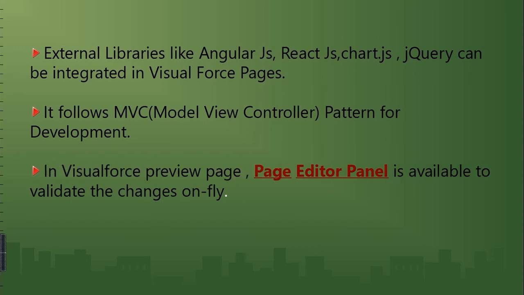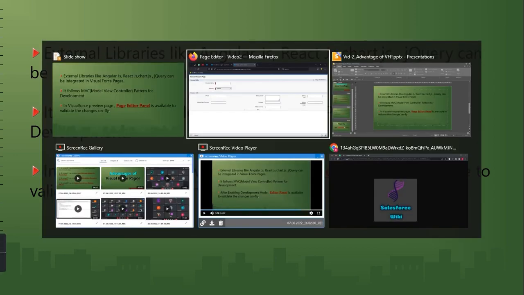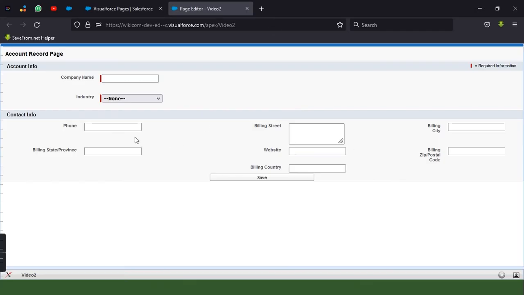Okay, and guys, the last advantage of Visual Force is that on Visual Force preview page there is a page editor panel available on which we can validate our changes on the fly. Guys, I will show you what this exactly means. So this is the Visual Force preview page. Here whatever code we have written on Visual Force page, the Visual Force page UI will be displayed to us.